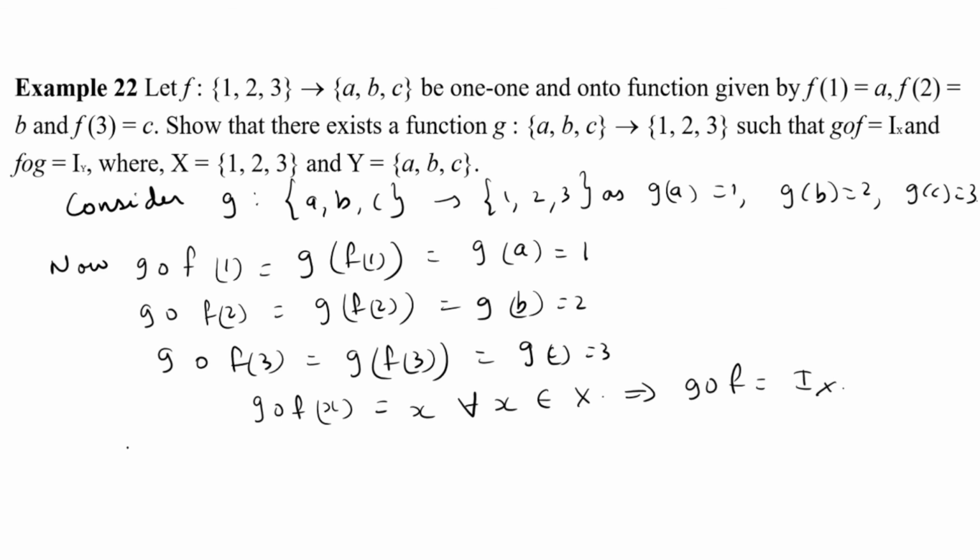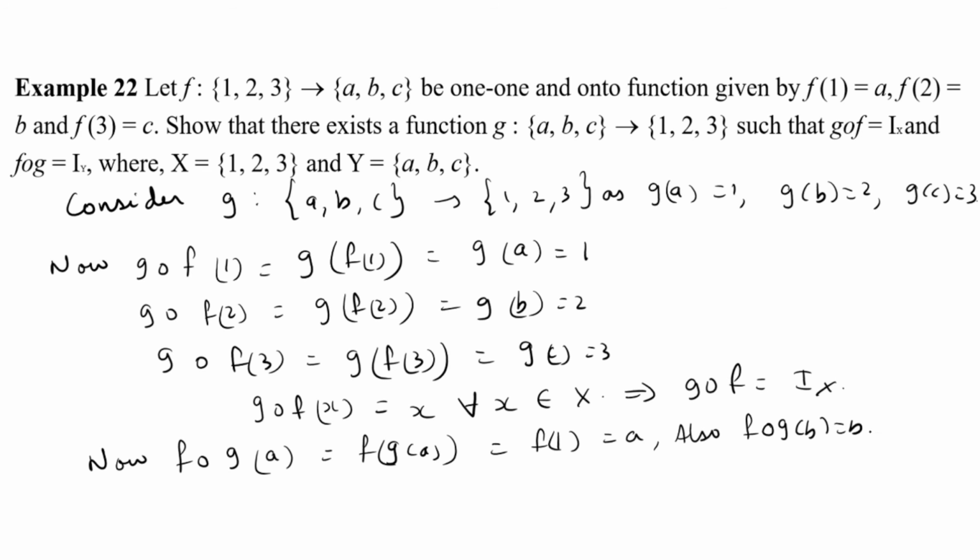Now if we consider f of g, then f of g of a is equal to f of 1 is equal to a. Similarly, f of g of b is equal to b and f of g of c is equal to c.